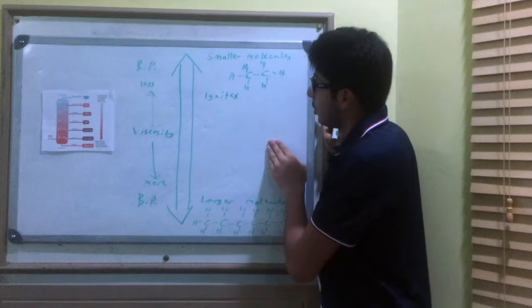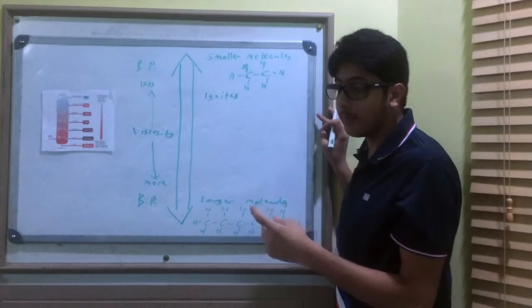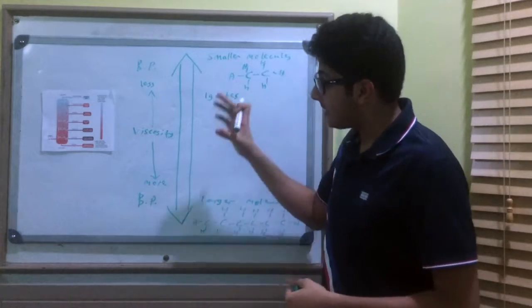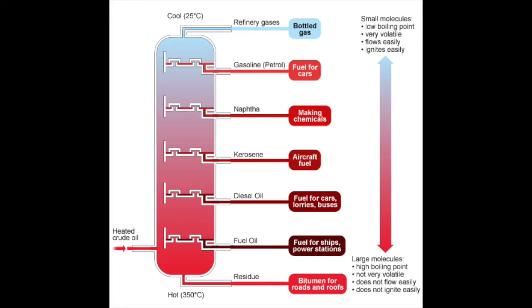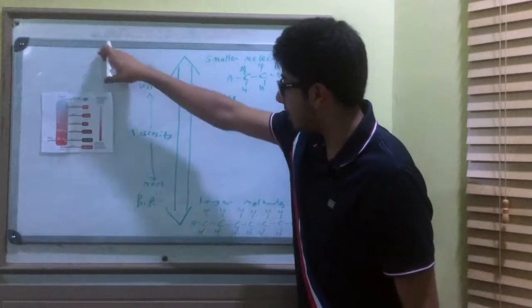Okay, so there is a temperature gradient, first of all, as I said, from the 6 marker when we talk about fractional distillation. Hot at the bottom, cold at the top, as you can see here. You have to remember that. Hot at the bottom, cold at the top.